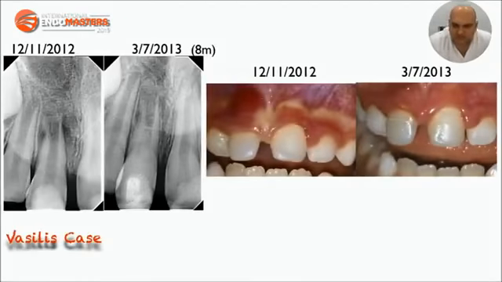And this is the 8 months follow-up. This is the comparative radiographical image and the comparative clinical image.